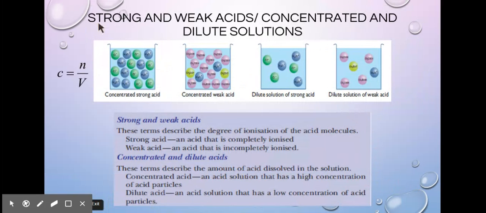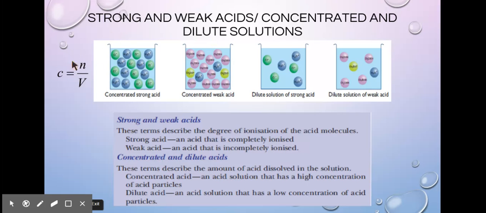So we've been more concerned about nitric acid and sulfuric acid in acid rain rather than carbonic acid, because carbonic acid's a weak acid. So when we're talking about strong and weak acids, we're talking about something that's to do with the nature of the atoms in the acid. We're not talking about whether it's concentrated or dilute.